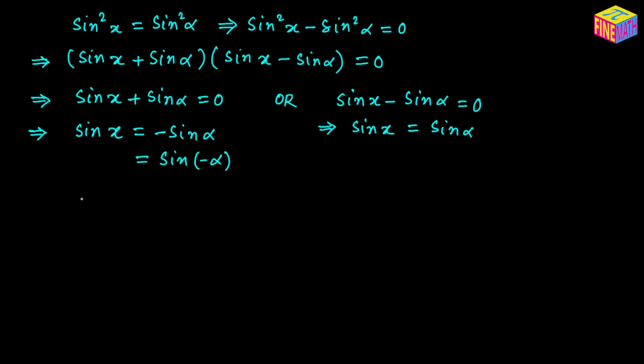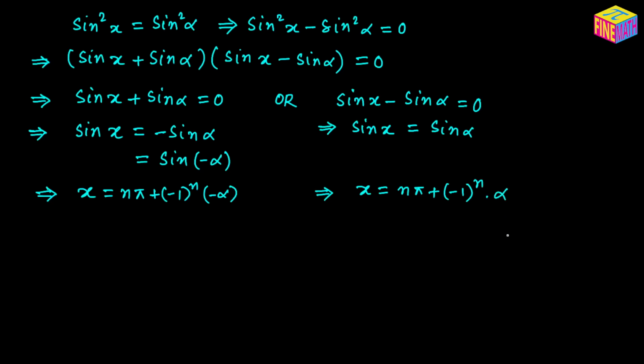For the first equation, x equals n times pi plus negative 1 raised to the power n times the angle, in this case negative alpha. For the other factor, x equals n times pi plus negative 1 raised to the power n times the angle, which is alpha, in this case positive alpha.